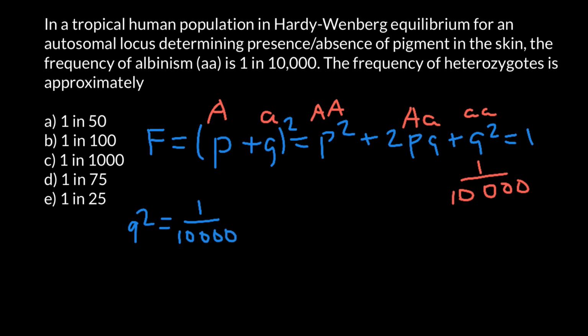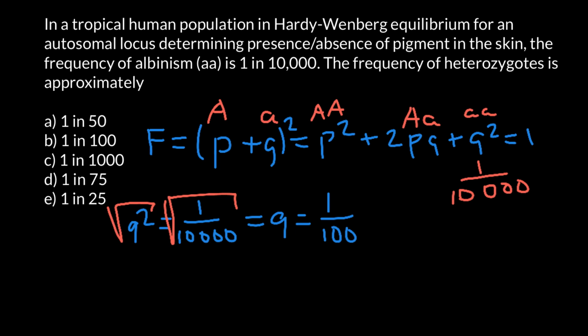So Q would equal, we just take the square root, and we get Q equals 1 in 100, so 1/100th. And this instantly gives us the frequency of the P allele.